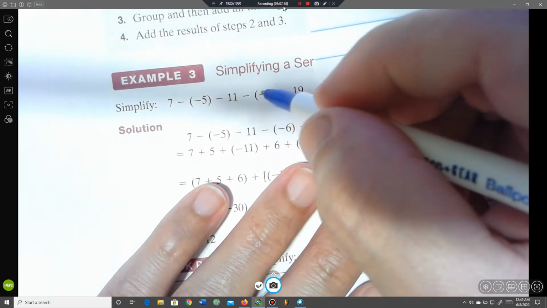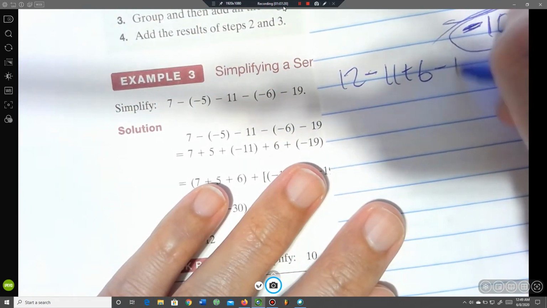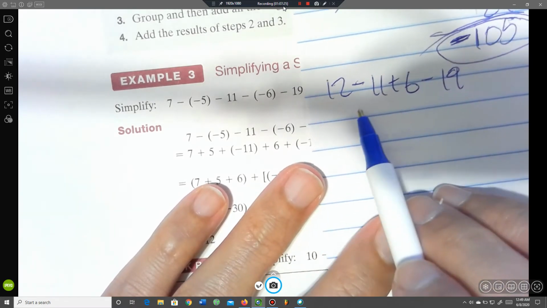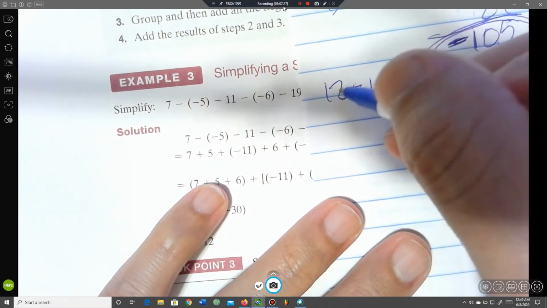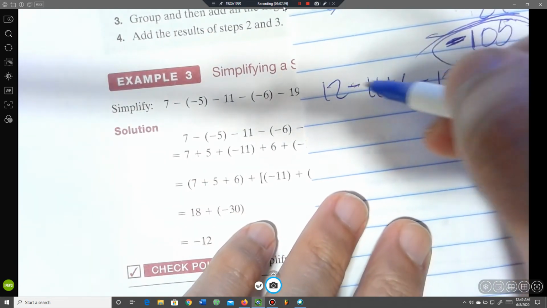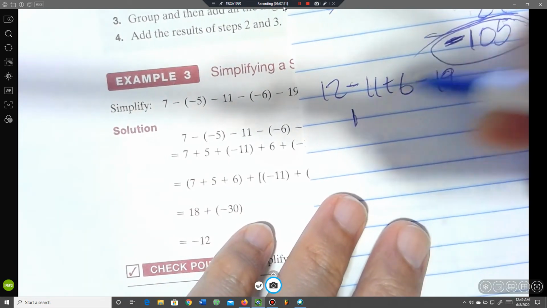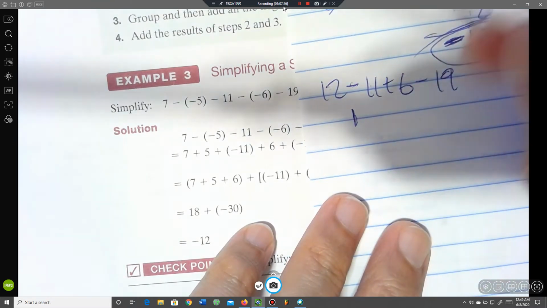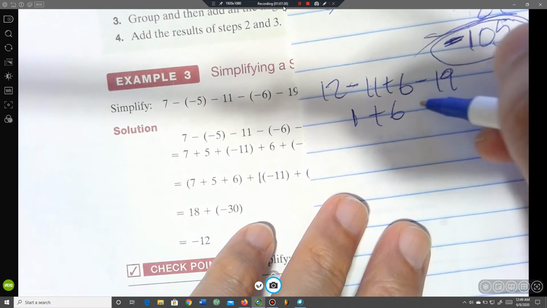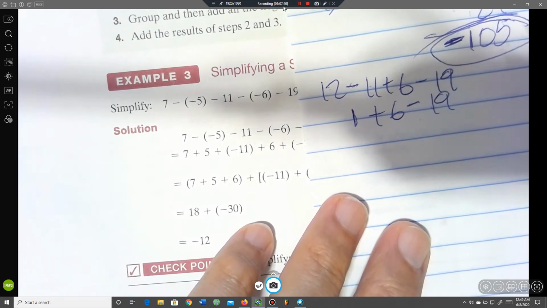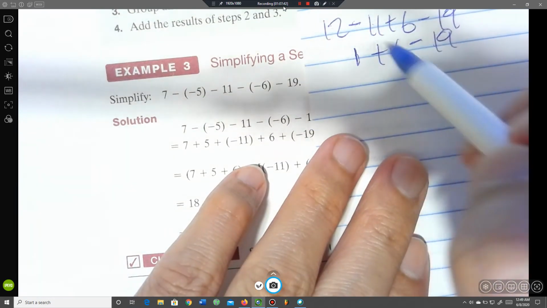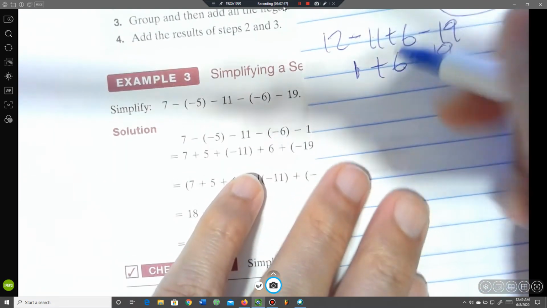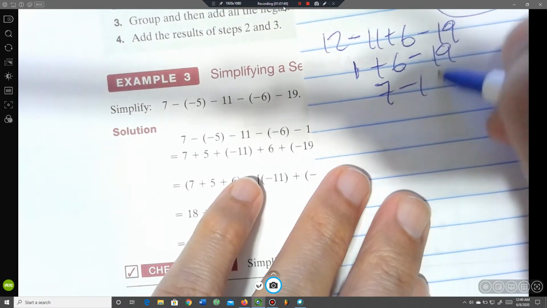Yeah, I'm changing those two signs to a positive, minus 19. So now I'm right here, and then from here I subtract 12 minus 11. That's 1, positive, because 12 is the largest value and it's positive. Plus, and I'm just rewriting this over here. 19. And then go back to the left again and add 1 plus 6, that's 7, minus 19.